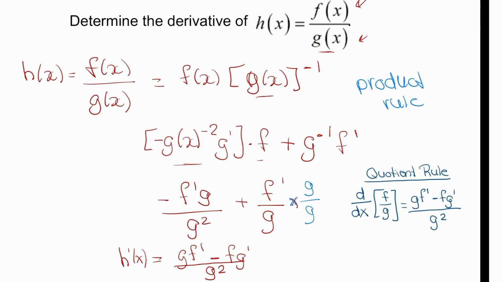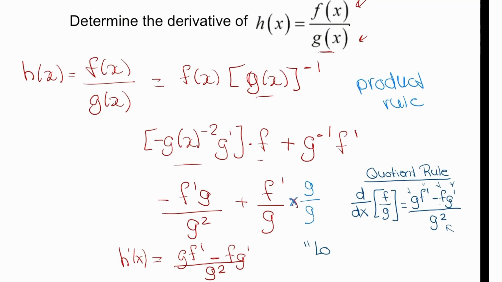We take the low times the d of the high minus the high times the d of the low all over low, low. So low d high minus high d low all over low, low. And I'm going to write it down for you so you can remember it.